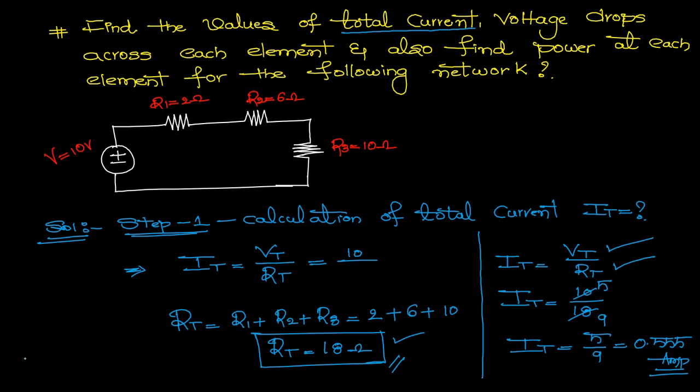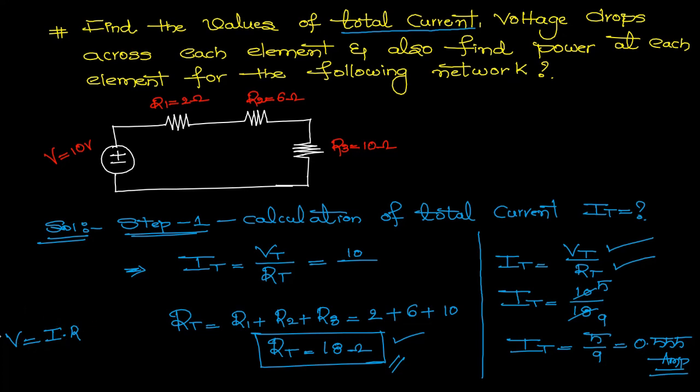To calculate the voltage drop across any element, we use the formula V is equal to I into R, where V represents the voltage, I represents the current flowing, and R represents the resistance.